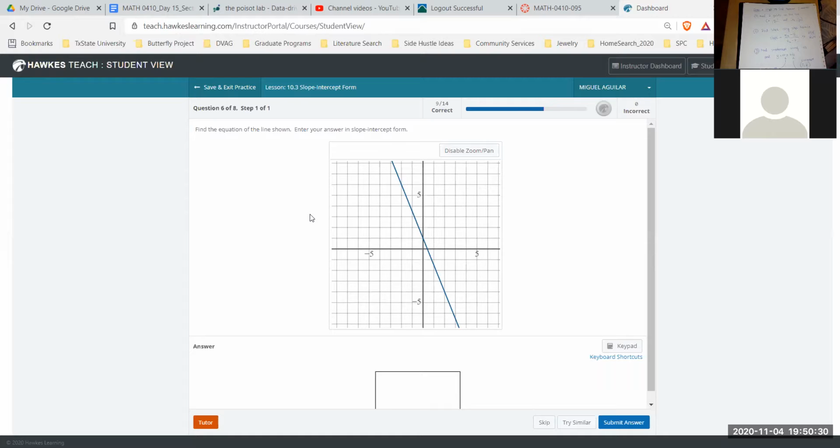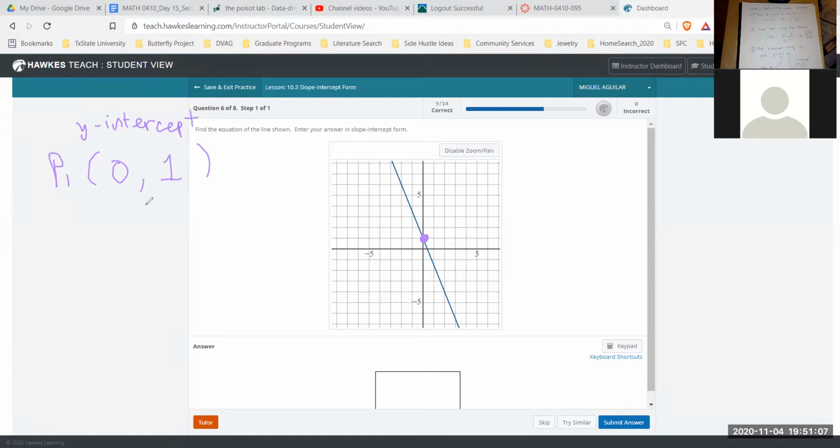So we want the first point ideally to be the y-intercept. So I'm looking for 0, something. And so if I look at my graph, I have this point right here that should be at 0, and we went up 1. So that's going to be a positive 1. Is everybody okay with that, or was that too fast? Okay, so that's the y-intercept.